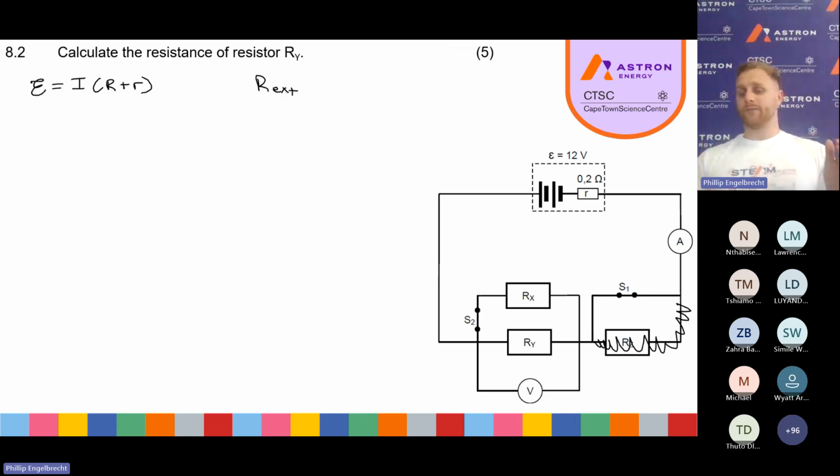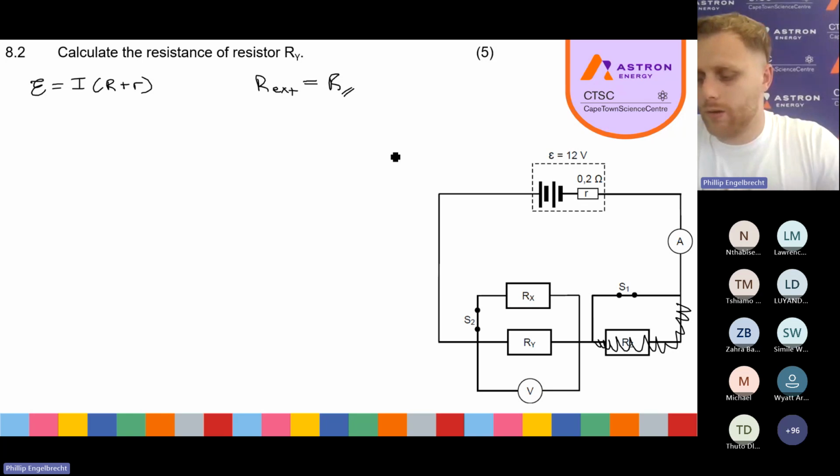So I have a simple circuit with two resistors in parallel. That simply means that the total external resistance is equal to my total parallel resistance. What I can do is figure out the value of my total external resistance.